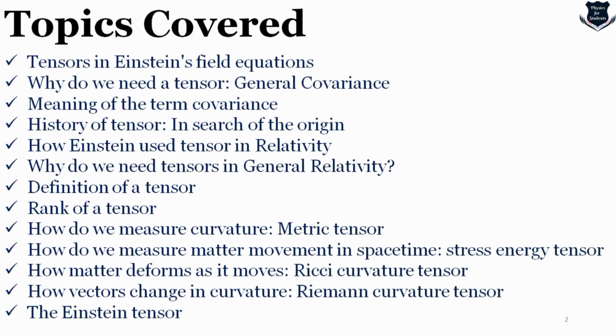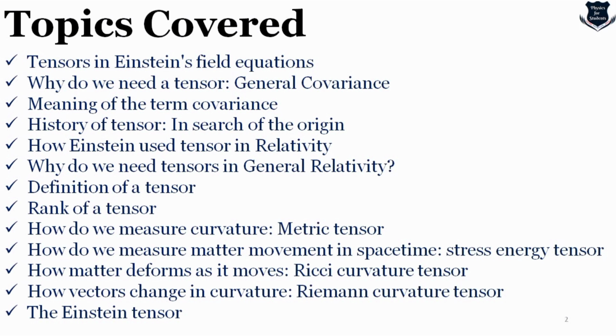Next we are going to look into why we need tensors in relativity at all. What is the definition of a tensor? What is the rank of a tensor? How do we measure curvature on a manifold using the metric tensor? How do we measure the movement of matter in space-time, that is the stress-energy-momentum tensor?